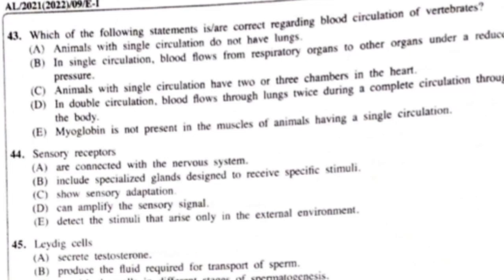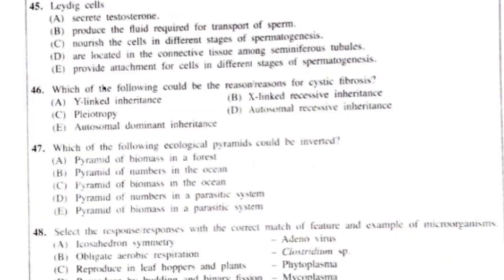Question number 45 is about Leydig cells. The correct statements are A and D. We know Leydig cells secrete testosterone and are located in the connective tissue between the seminiferous tubules. Statement B says they produce the fluid required for transport of sperm. That is wrong.